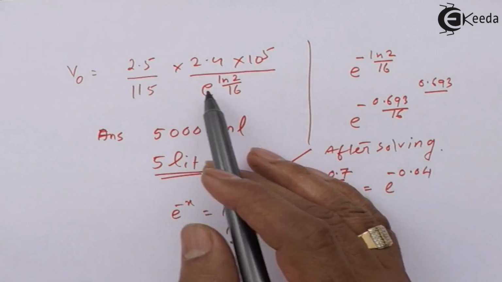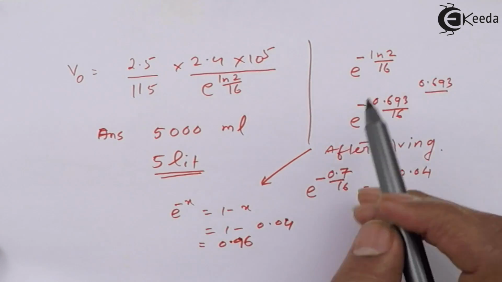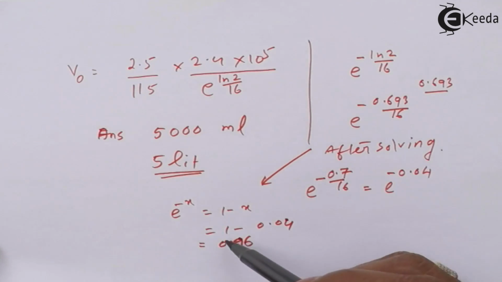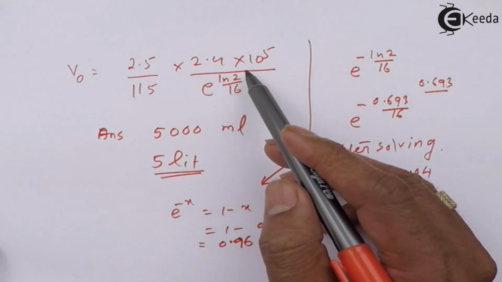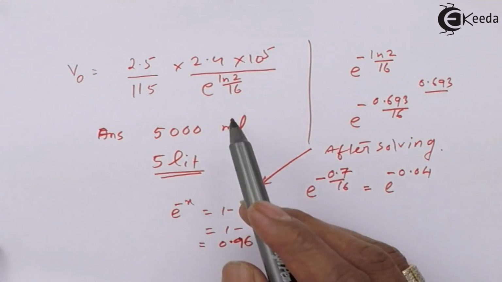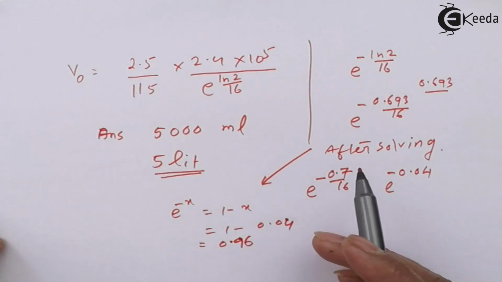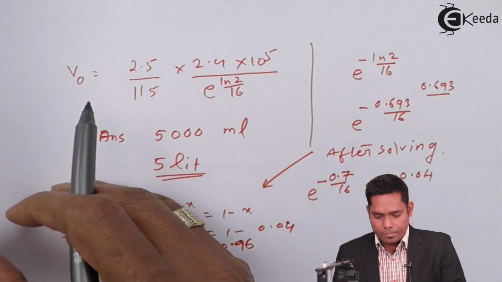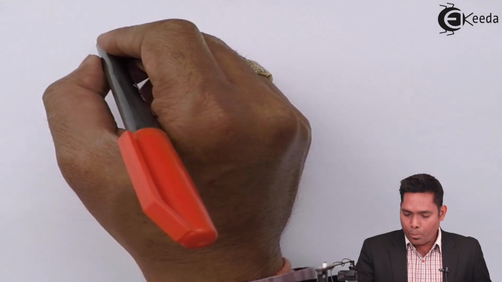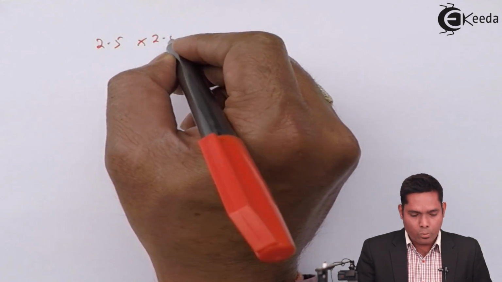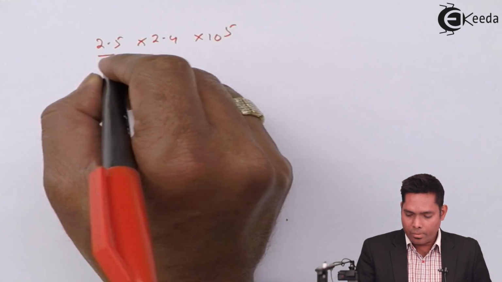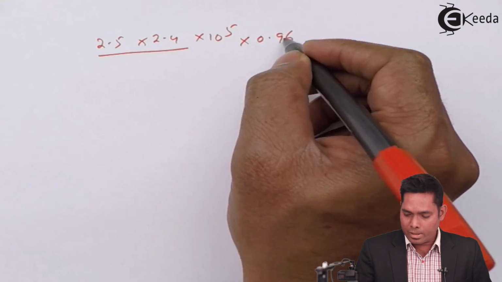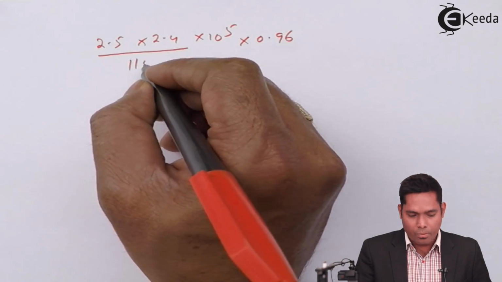If I take this 0.96 and multiply it, let me solve it for you: 2.5 into 2.4 into 10 raised to 5, into 0.96, divided by 115.